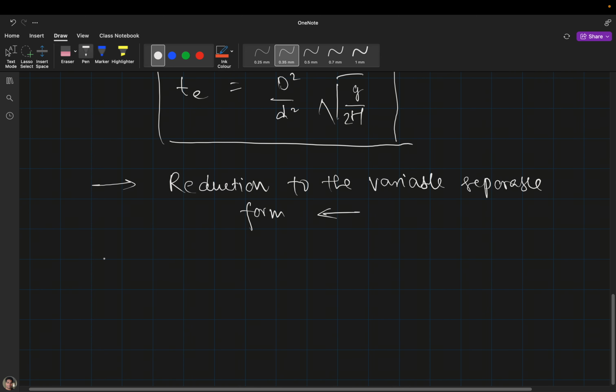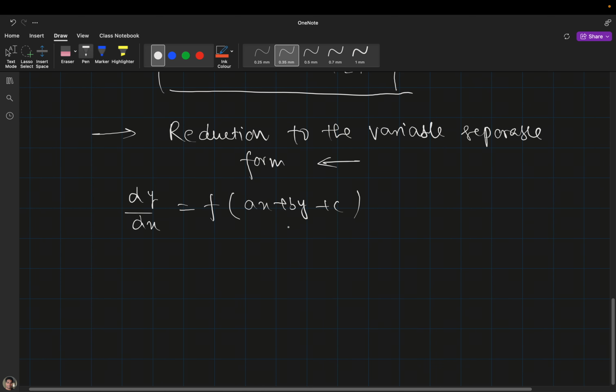Okay. Suppose you have a form like this, dy by dx equal to something like this. Here a, b, c are constants. Then what will you do? For that, I will take a x plus b y plus c as another variable, suppose t.